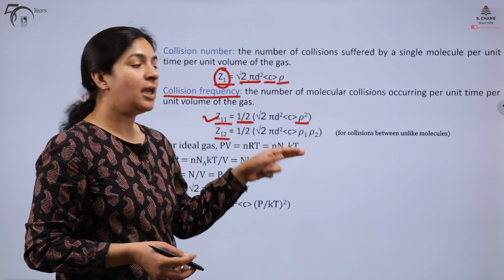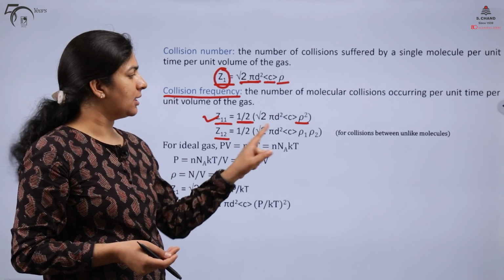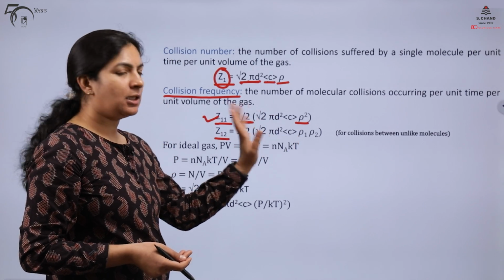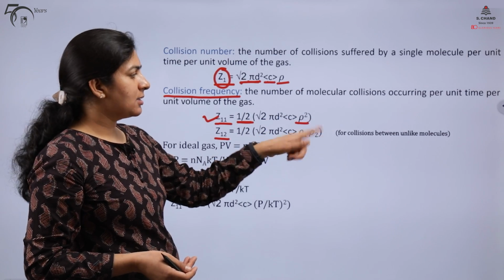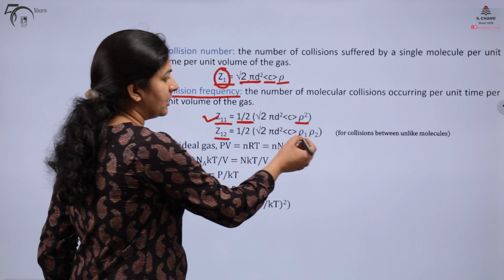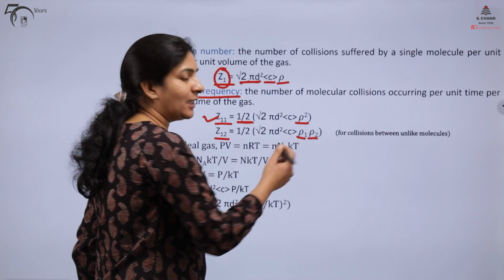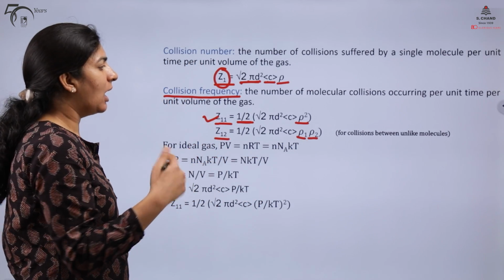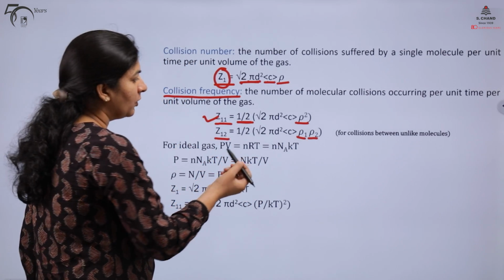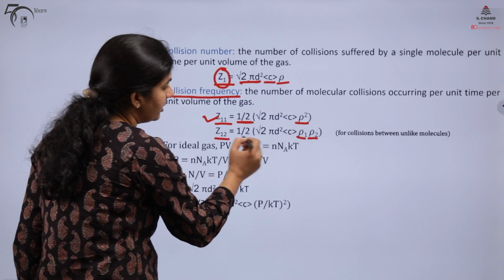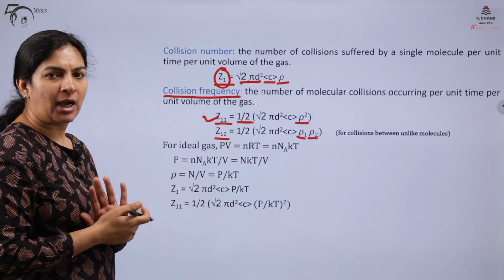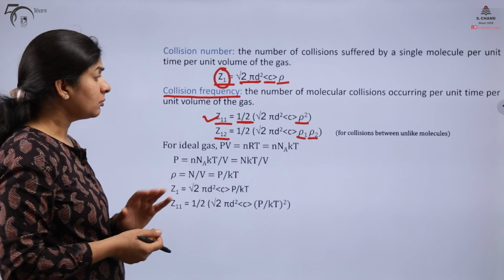Let us say the number of hydrogen molecules present in unit volume is defined by rho 1, and the number of oxygen molecules present in unit volume is defined by rho 2, and it can be any other gas also, unlike molecules. So, the same expression for unlike molecules can be represented by Z12.